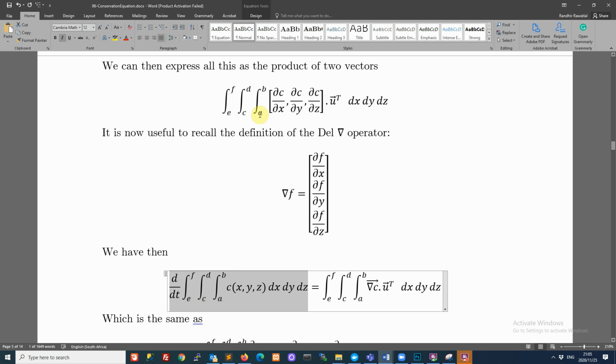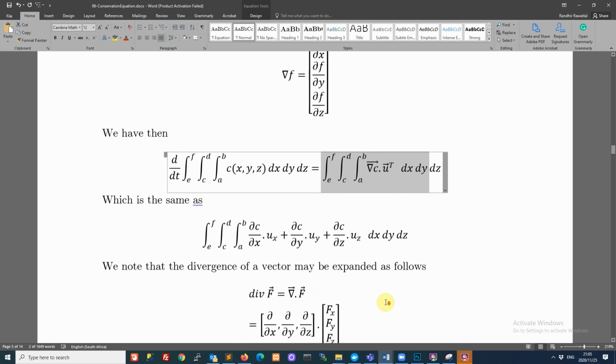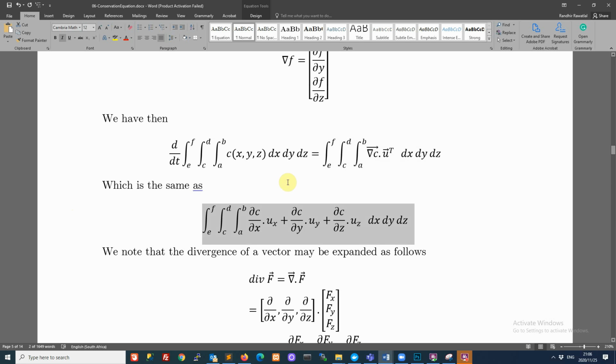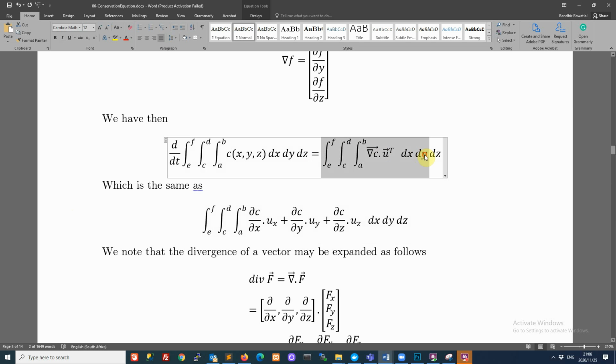Remember, this whole thing came from the derivative of c in these, so we can rewrite that as del c multiplied with u, right? So that is the form we have here, and here we are taking a step backwards and just reminding ourselves that this is the same as this. We already showed that just now.